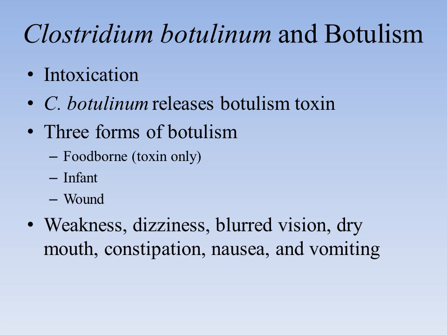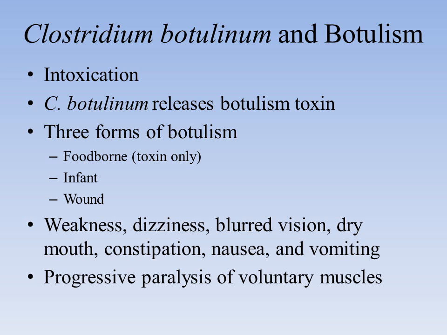So what are the symptoms of botulism? So one, you're going to have a lot of weakness, dizziness, blurred vision, so a lot of neurological symptoms here. Also things like dry mouth, constipation, nausea, vomiting, so some neurological symptoms and also some digestive symptoms here.